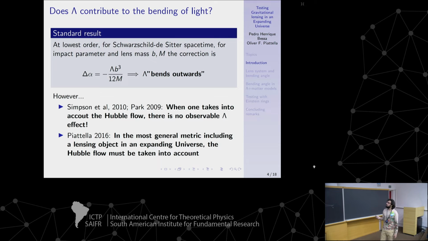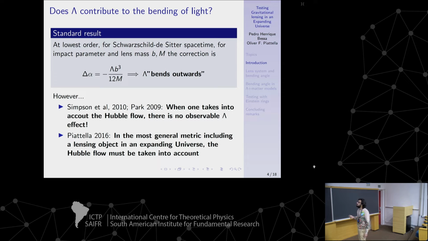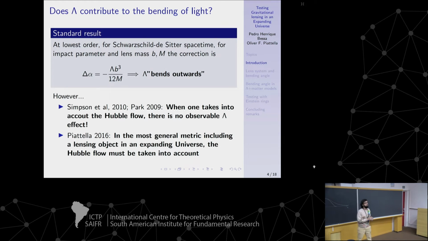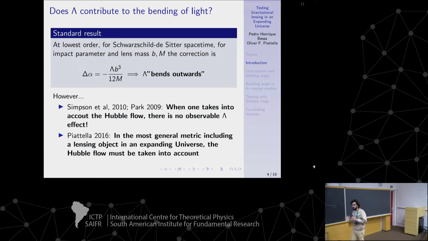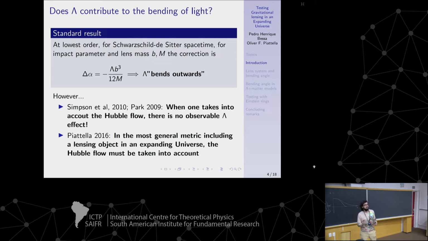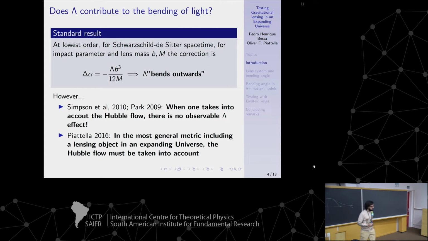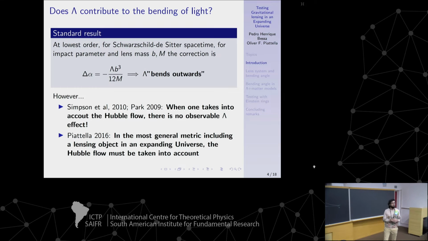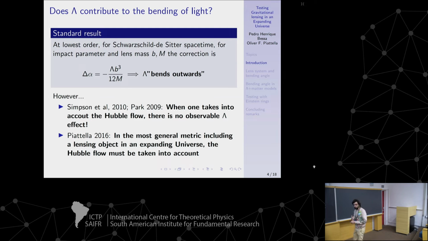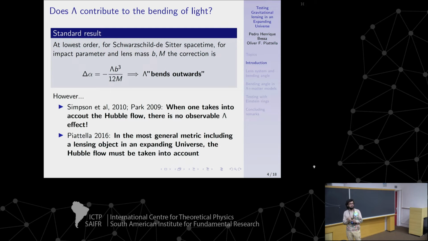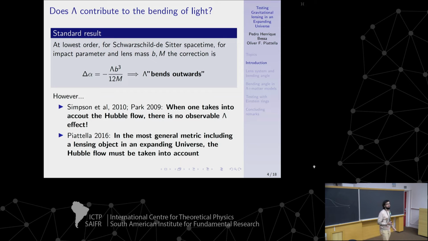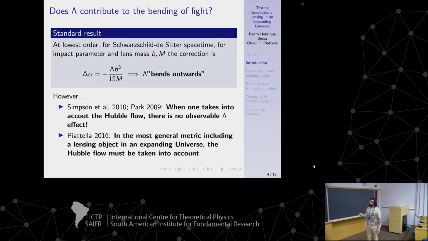So, in 2016, Piattella took the most general metric, which takes into account a compact object, and also an arbitrary scale factor, which is the McVittie metric, right? And in it, you can properly define the mass of the lensing object, and also the way that the universe is expanding, right?